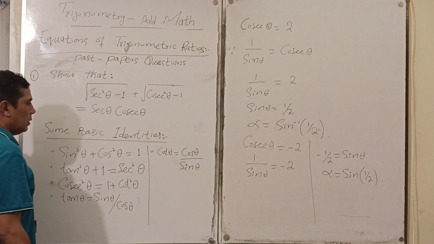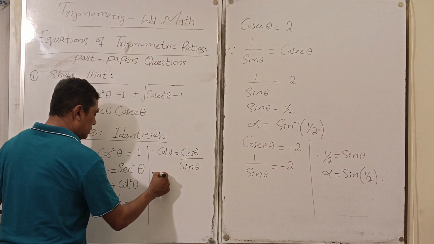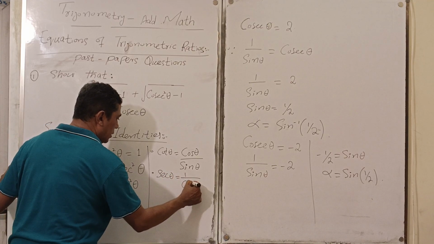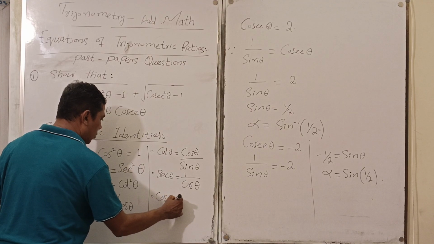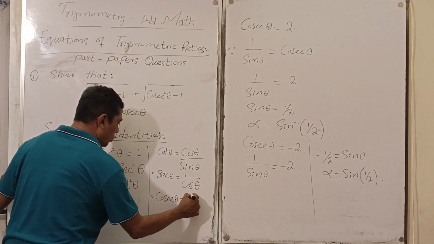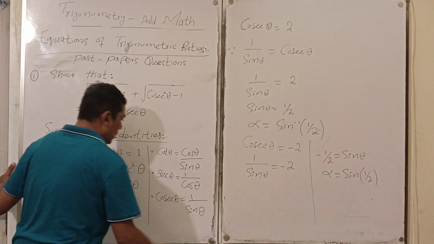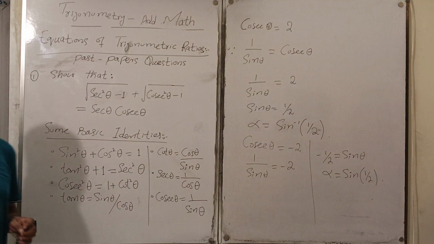Clear? Similarly, sec theta equal to 1 over cos theta and cosec theta equal to 1 over sin theta. You have to keep these in your mind.